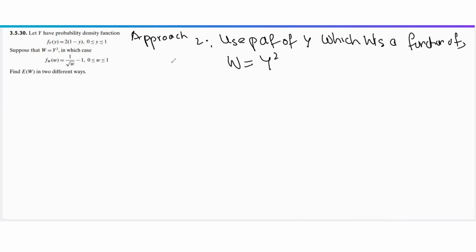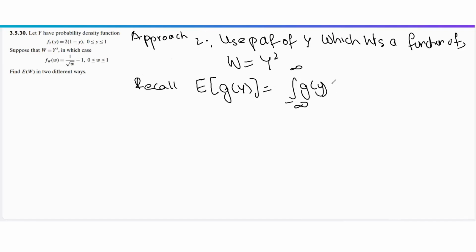So we can use the PDF of Y. Why does this work? Because recall the expected value of a function of a continuous random variable, in this case g(Y), is just going to be the integral from minus infinity to infinity of g(y) f_Y(y) dy, right? So if you want to find the expected value of a continuous random variable as itself, we do the expected value of Y, which is the integral from minus infinity to infinity of y times the PDF of Y.